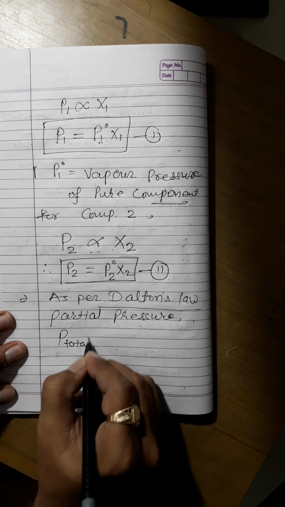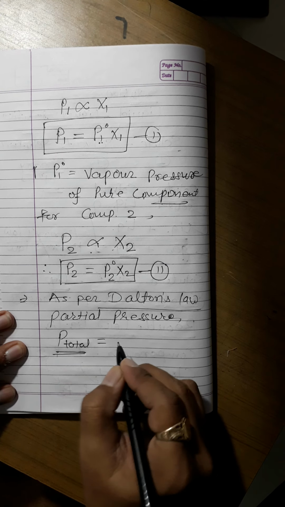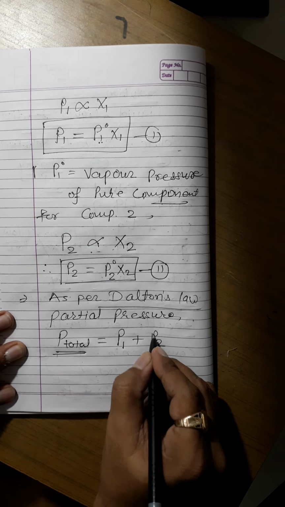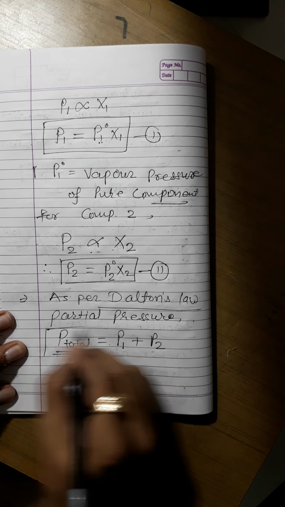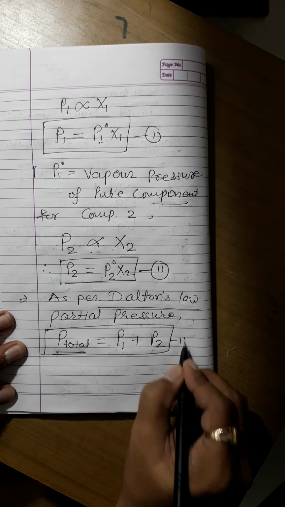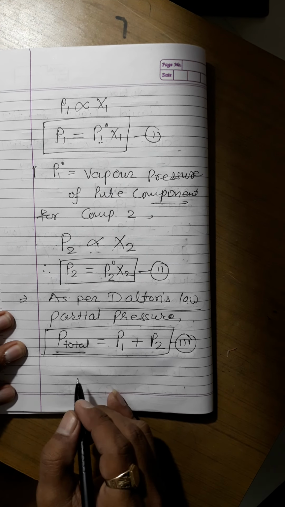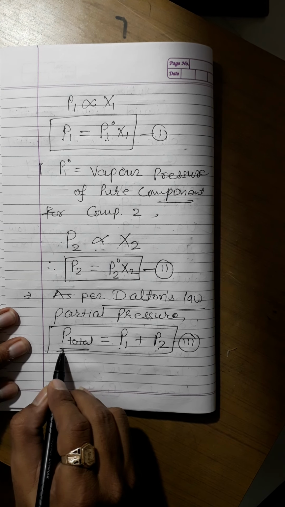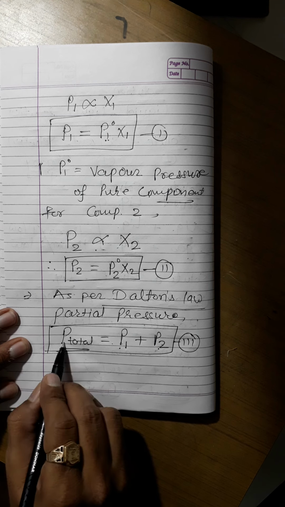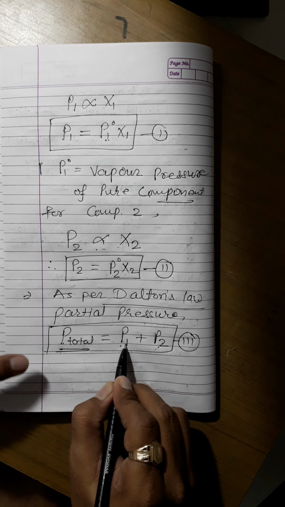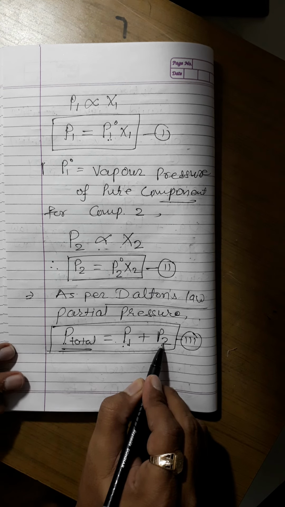P total, the total pressure of all the components, is equal to the sum of the pressures of all components, that is P1 and P2 here. If more are present, we can also consider 3, 4, whatever is there. So this is P1 plus P2, where P total is the total pressure of the solution, P1 is the pressure of component 1, and P2 is the pressure of component 2.